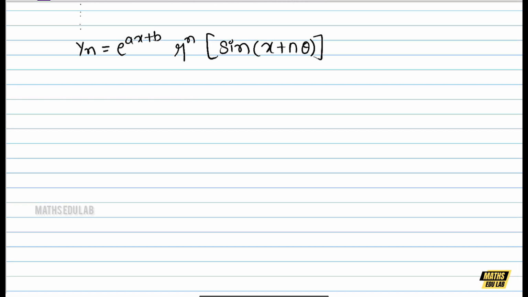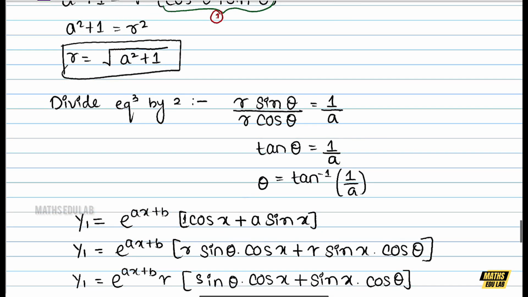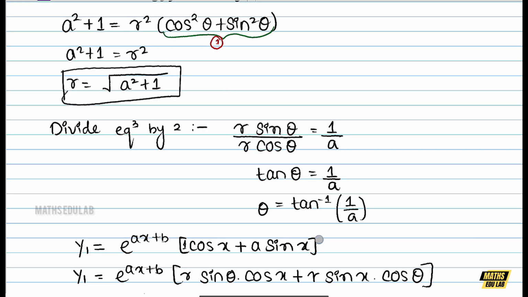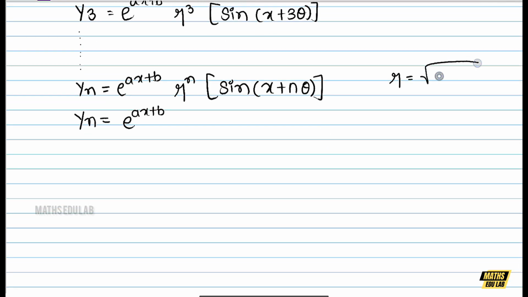Also we have the value for r. So yn is equal to e to the power of ax plus b, and the r value which we have found was root over a square plus 1, and we have an n here. So this will be written as a square plus 1 to the power 1 by 2 into n.